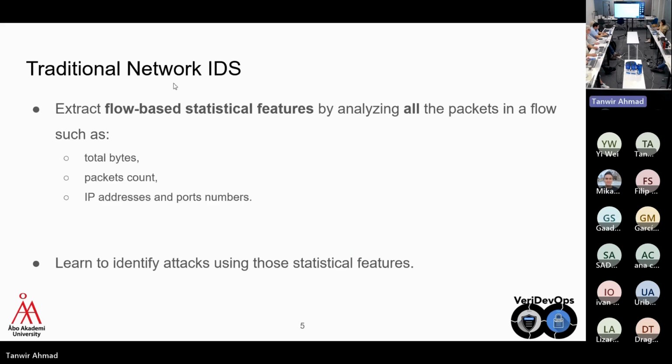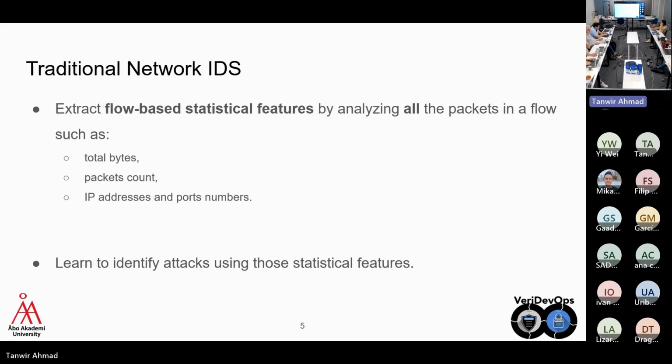Traditionally, once we have all the packets in a flow, the intrusion detection system extracts some statistical features such as total bytes sent or received, or the number of packets sent or received in that flow, and then makes a prediction based on those features.